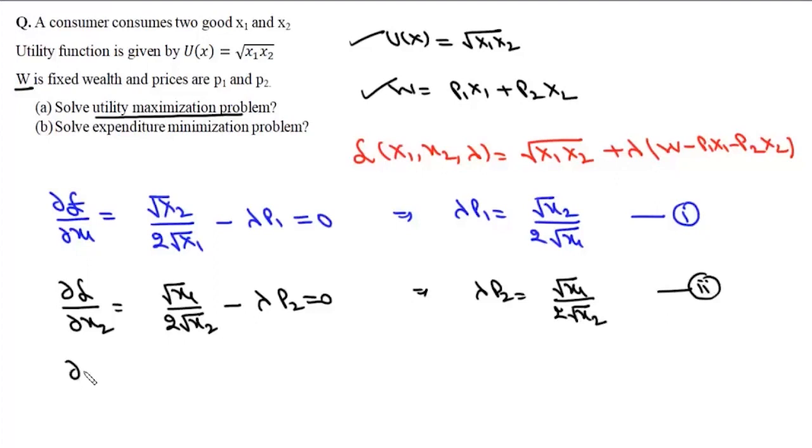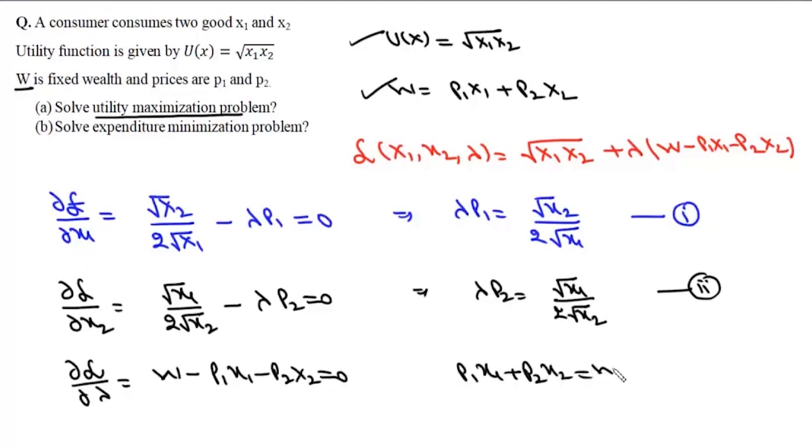Now we differentiate with respect to lambda, and we get w minus p1 x1 minus p2 x2 equals 0, which gives us our original constraint, the budget constraint in this case. So this is our third equation.